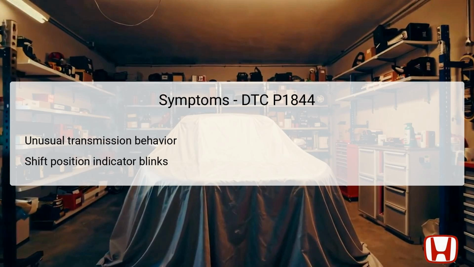Additionally, the shift position indicator may begin to blink, signaling to the driver that there is an underlying issue with the transmission system. Although the malfunction indicator light, MIL, does not illuminate with this DTC, the blinking indicator serves as an early warning system for potential transmission-related concerns.